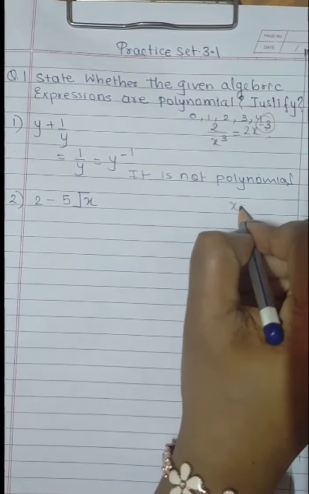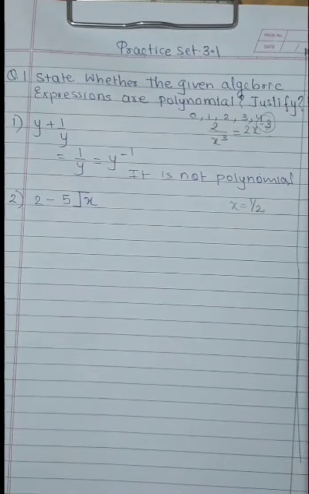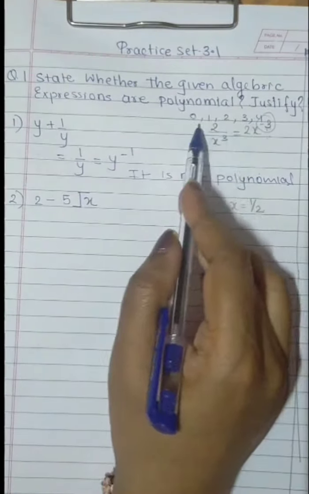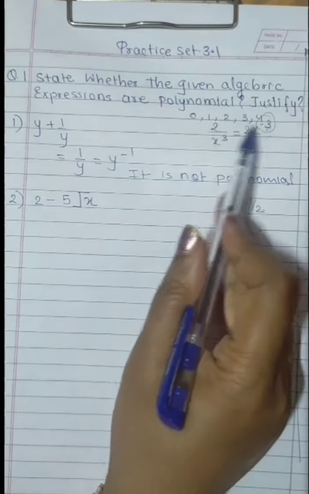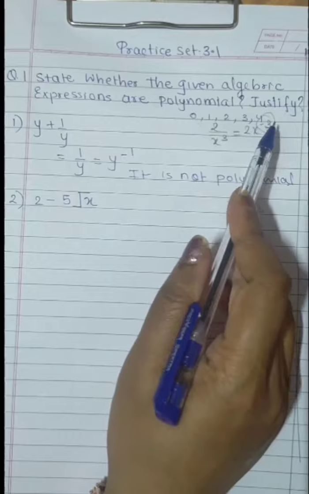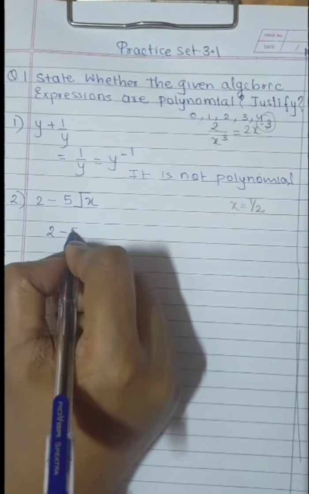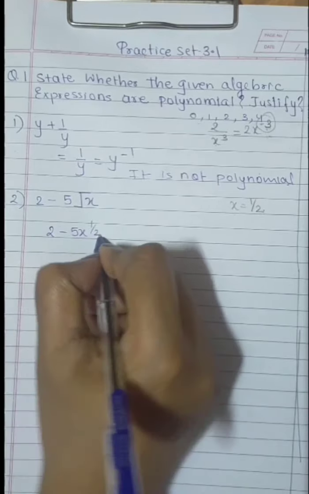When nothing is given, it will be half. And as you know, half is not a whole number. So the equation is 2 minus 5x to the power half.